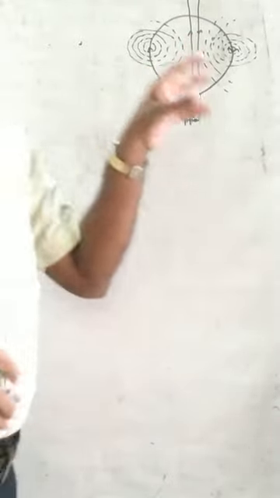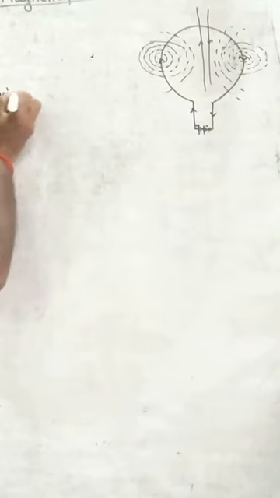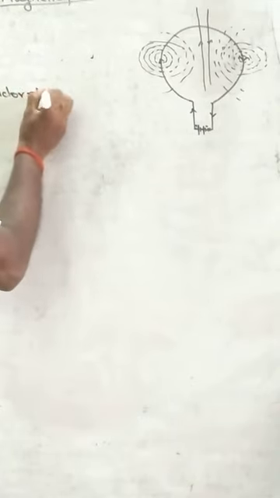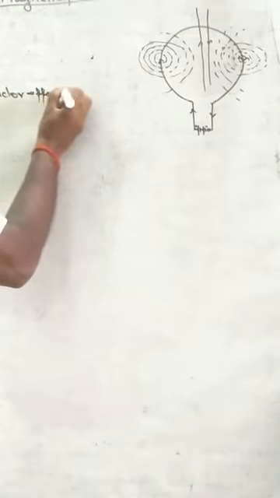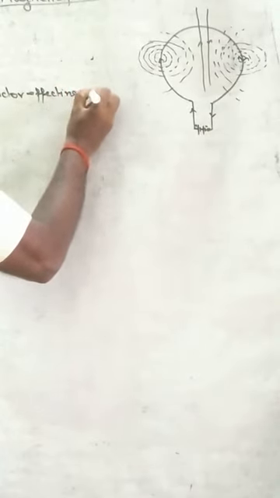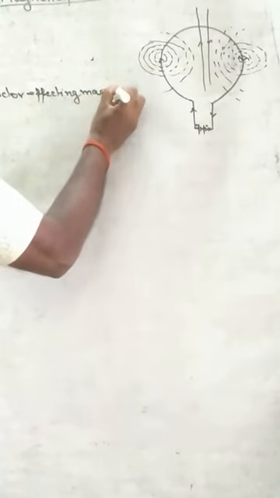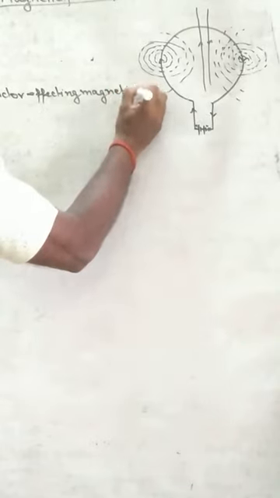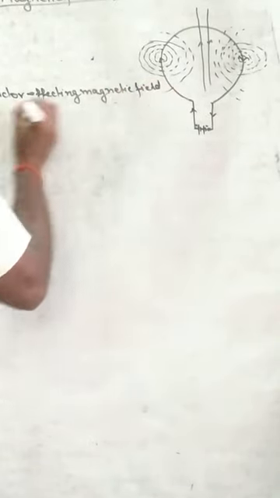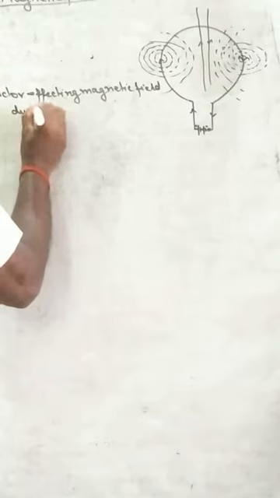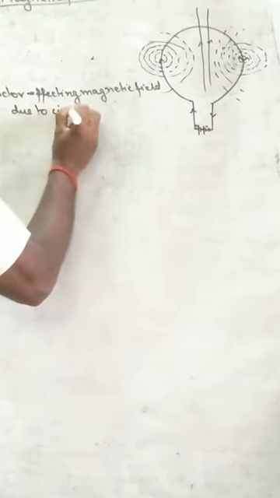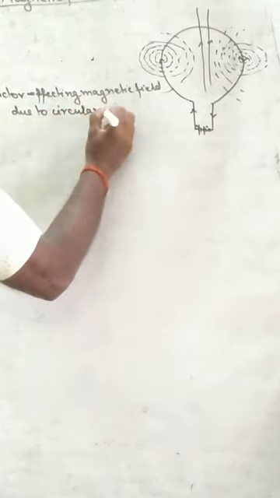After this I will discuss the factors affecting the magnetic field due to a circular loop or coil.